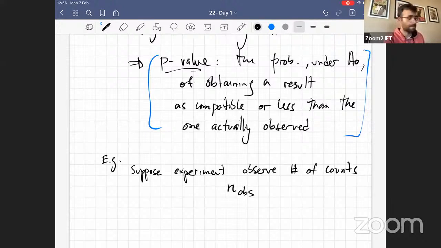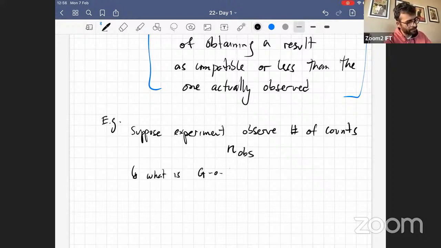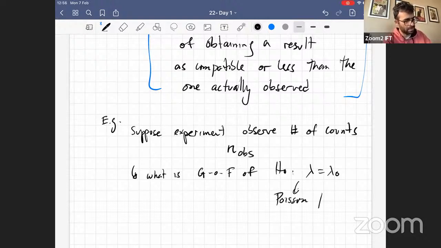So what is the goodness of fit of H0? H0 is just one value of a parameter referred to the Poisson parameter.